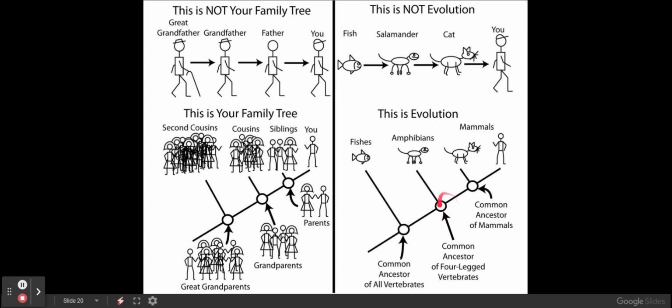Now, you also share an ancestor with amphibians. It's just further back in evolutionary time. You diverged further back. This idea of your family tree in terms of cousins, second cousins, and siblings is useful in visualizing that.